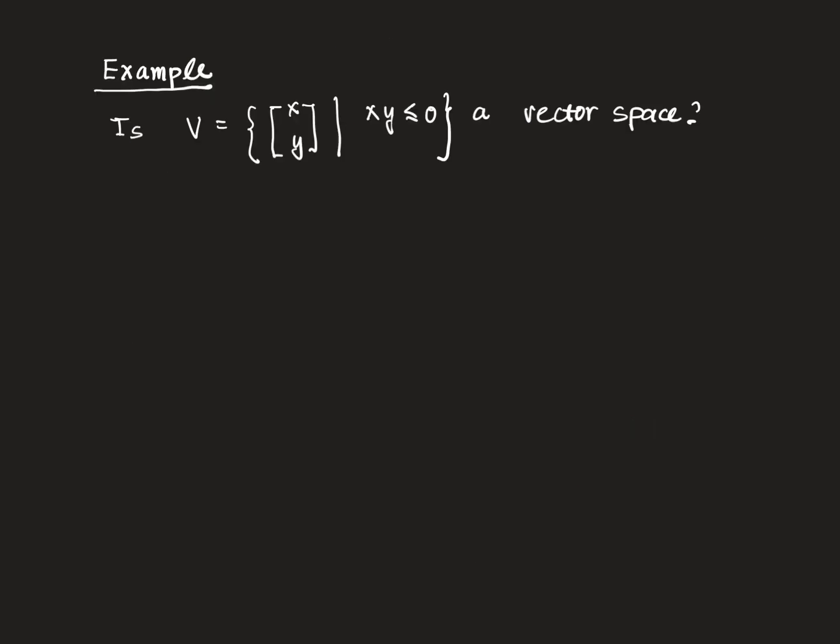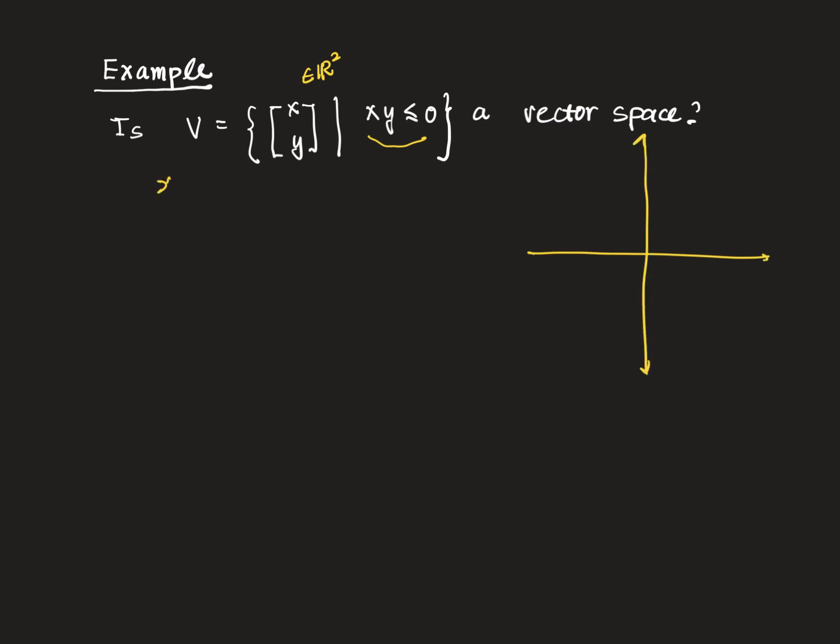So let's do another example for the vector space, guys. Here is xy, where the product xy is less than or equal to 0. What does this mean, guys? First you need to understand this. Xy is going to be R2, so you're going to see the rectangular coordinate.